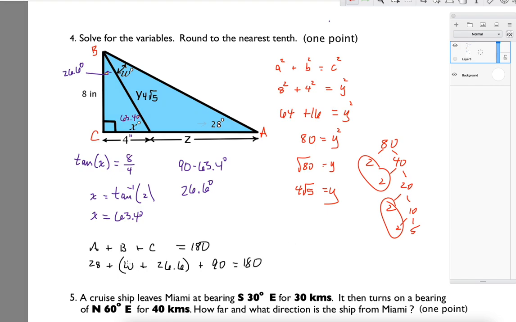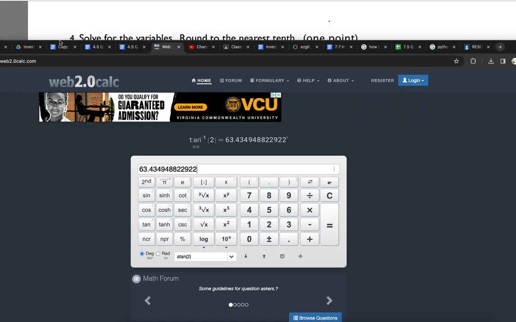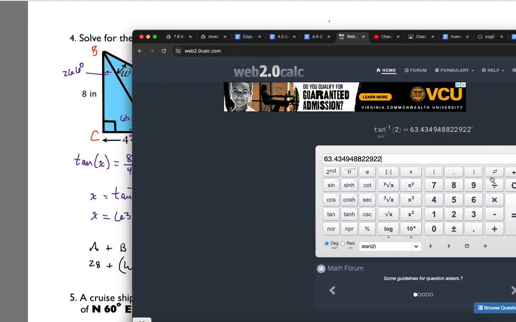Now we can solve for W. We can add these other angles together. And so 28 plus 90. So let's do this. We have the 180, and we're going to take 90 away from that, and we're going to also subtract the 26.6, and then we're also going to subtract the 28, right? So I'm just subtracting these three constants to the other side. And let's pop it into our calculator.